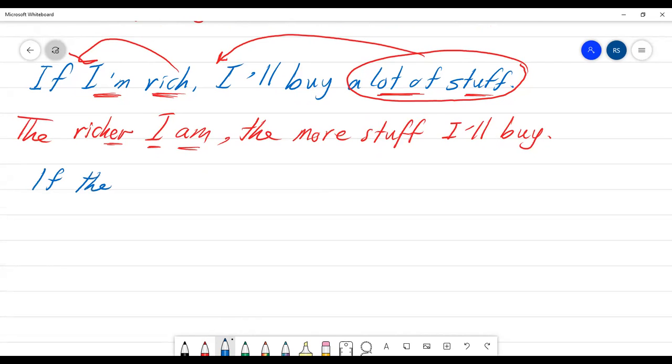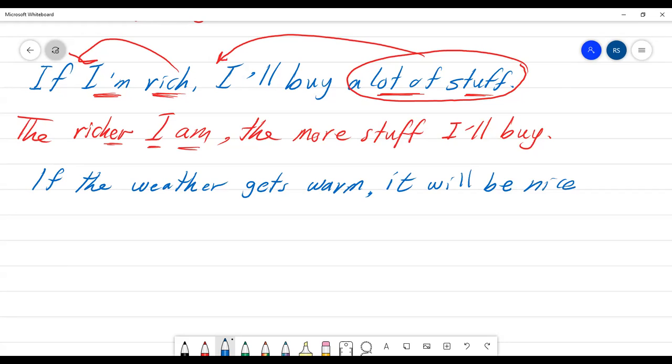If the weather gets warm, it will be nice for swimming.